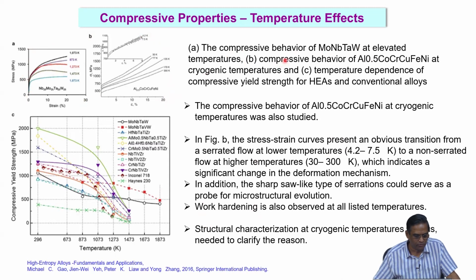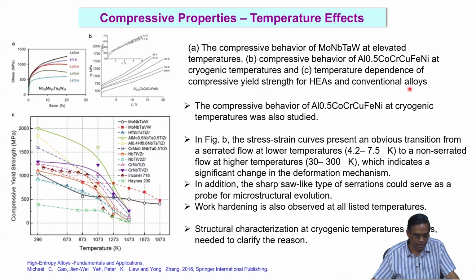What we are showing in figure A is the stress strain curve, and B is the stress strain curve as a function of temperature, of course, and you have a compressive behavior of aluminum, cobalt, chromium, copper, iron, nickel alloy at cryogenic temperatures. So this is a very interesting plot.